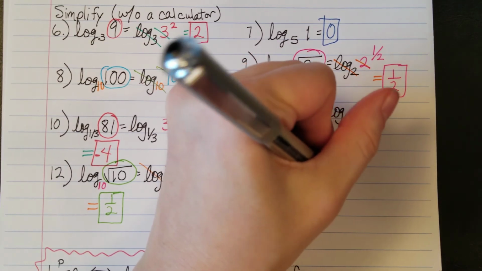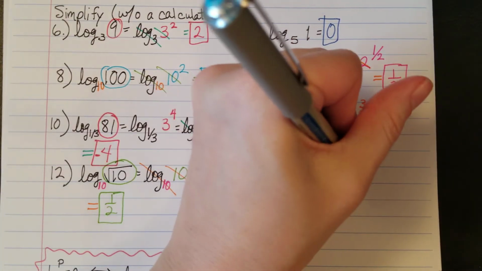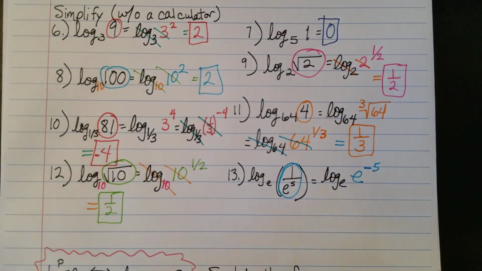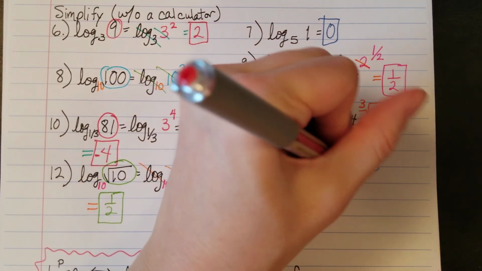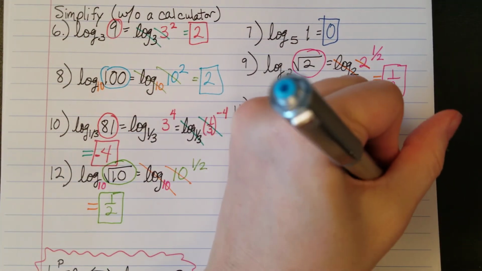So 1 over e to the 5th is the same thing as e to the power of -5. And then we can just cancel, and our final answer is just -5.